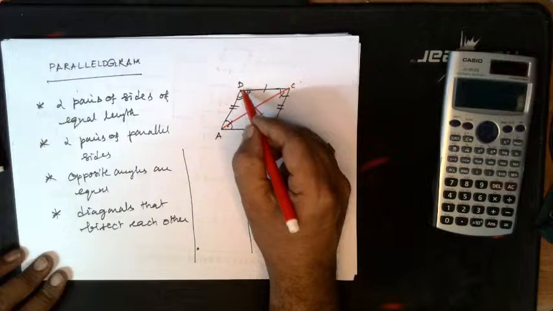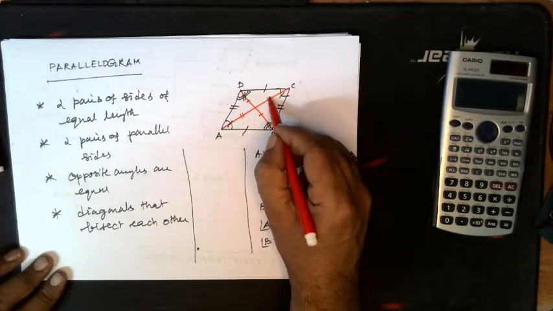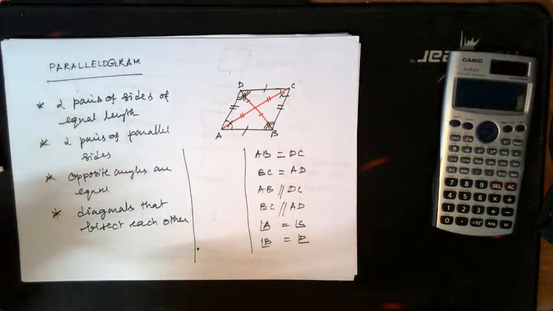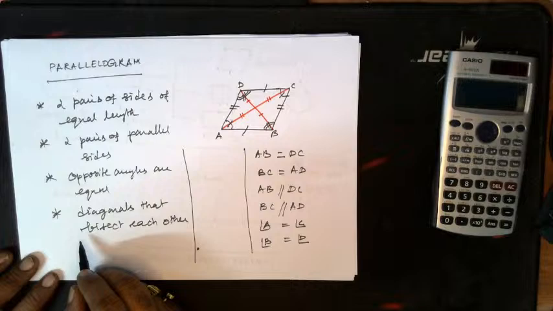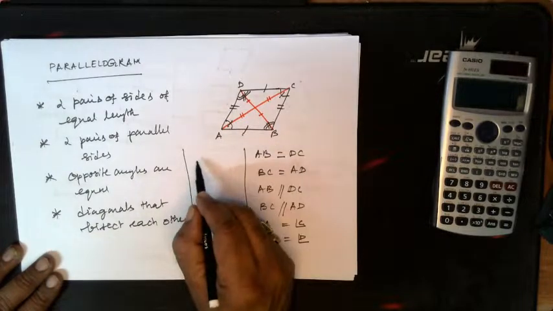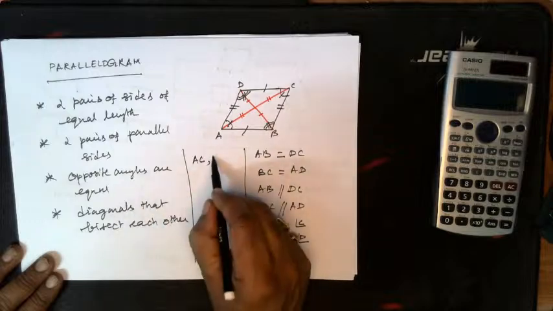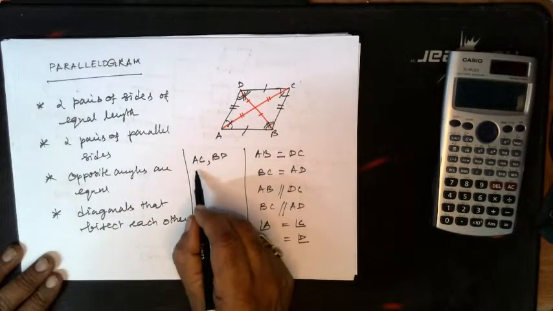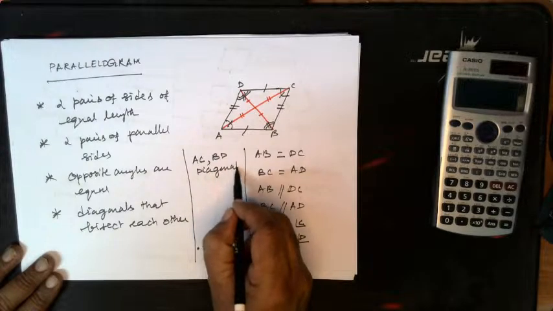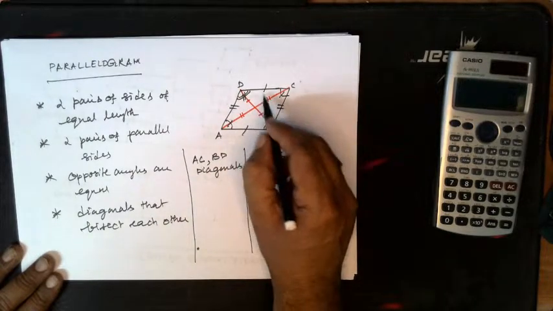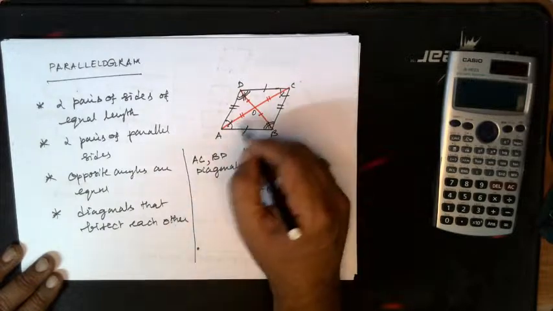Similarly, BD divides the diagonal AC equally. That is why we say the diagonals bisect each other. AC and BD are the diagonals and they intersect at a point O. So they bisect each other.